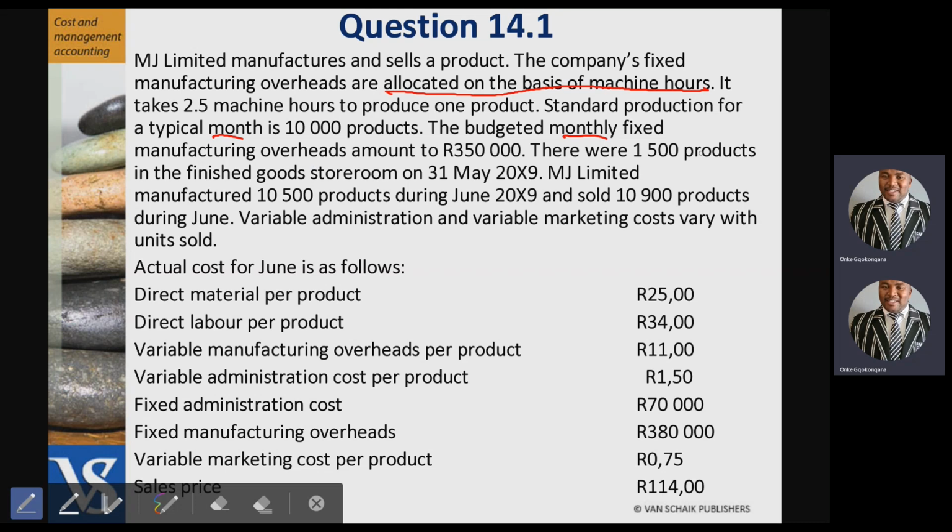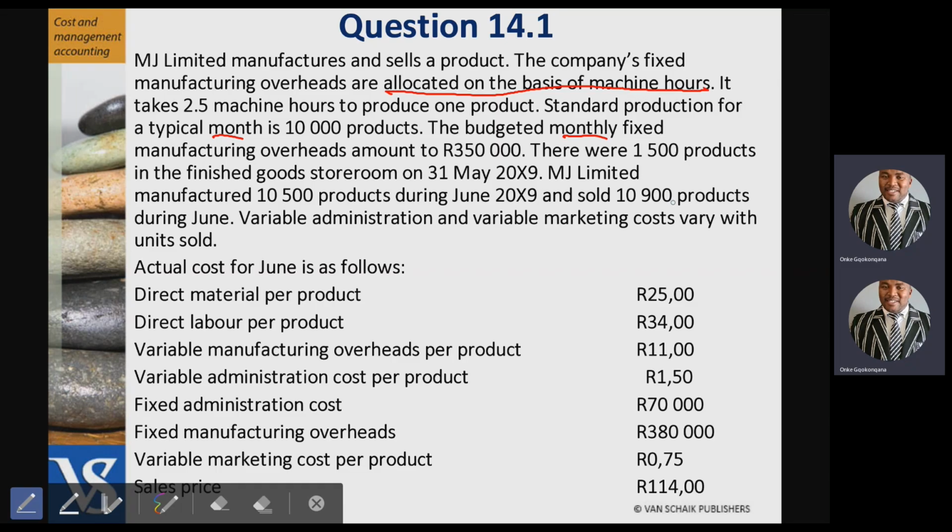There were 1,500 products in the finished goods storeroom on 31st May, 20x9. MJ Limited manufactured 10,500 products during June 20x9 and sold 10,900 products during June. So you could see here we have the possibility that we have to calculate on our own the closing work in process.